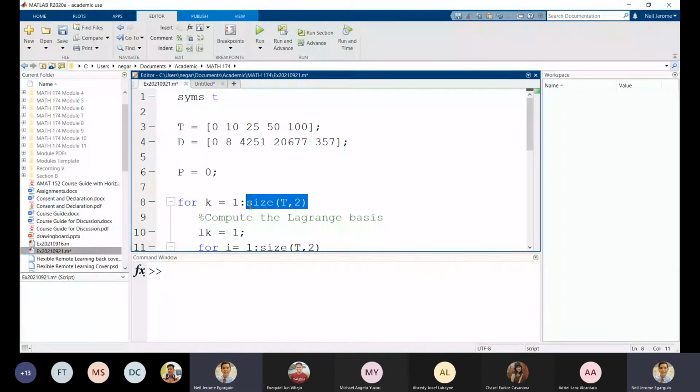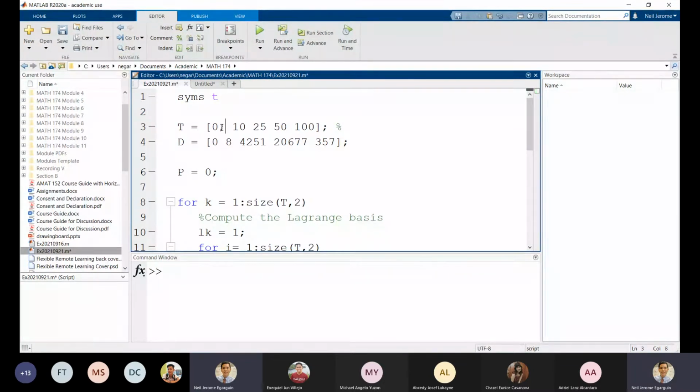So kung bibilangin niyo to, kapag spaces lang yung nagse-separate dun sa numbers, ibig sabihin iti-treat to ni MATLAB as a single row. Kung gusto niyo ng columns, kailangan niyo lagyan ng semicolon. So pag may semicolon, ibig sabihin column vector siya na 0, then next row would be 10, then 25, 50, and so on. But I will keep it as a row vector.